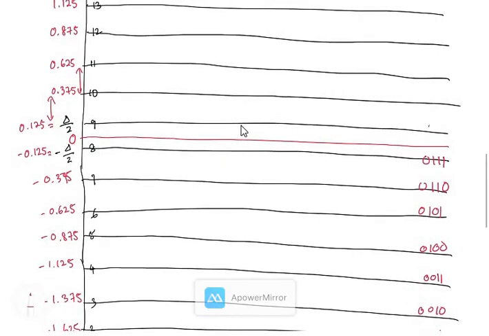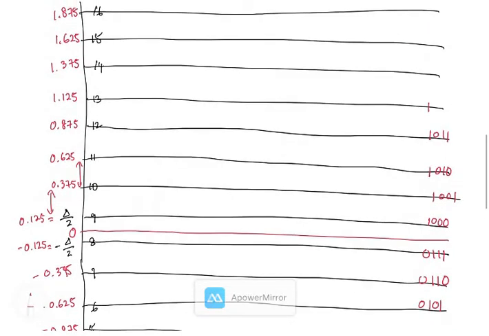Then this line is 1000. And then 1001, 1010, 1011, 1100, 1101, 1110, and then 1111. So this is the common binary code word.